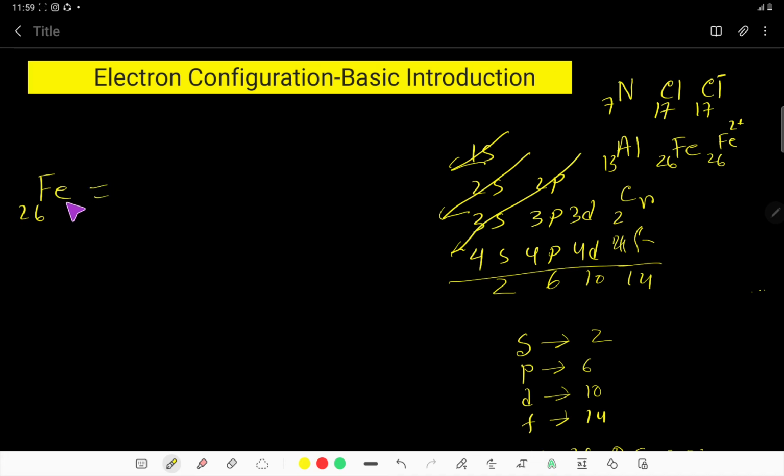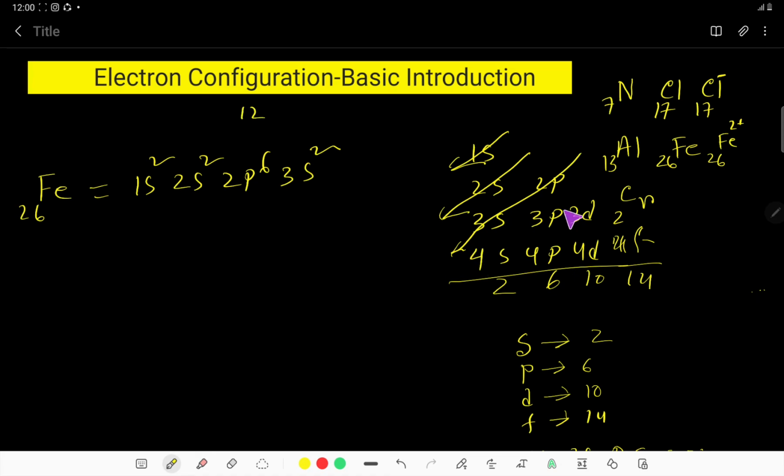Look, at first 26 electrons, so 1s², then 2s², then 2p⁶, then 3s², right? 3s². Now count 2, 4, 6, 10, 12.